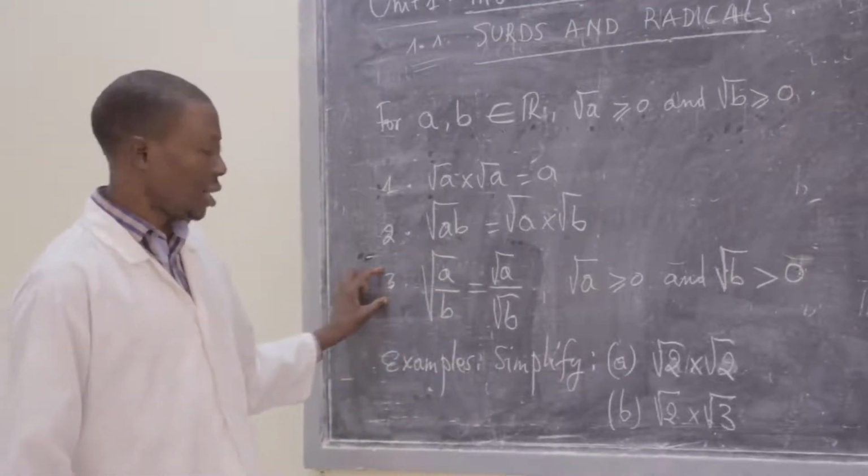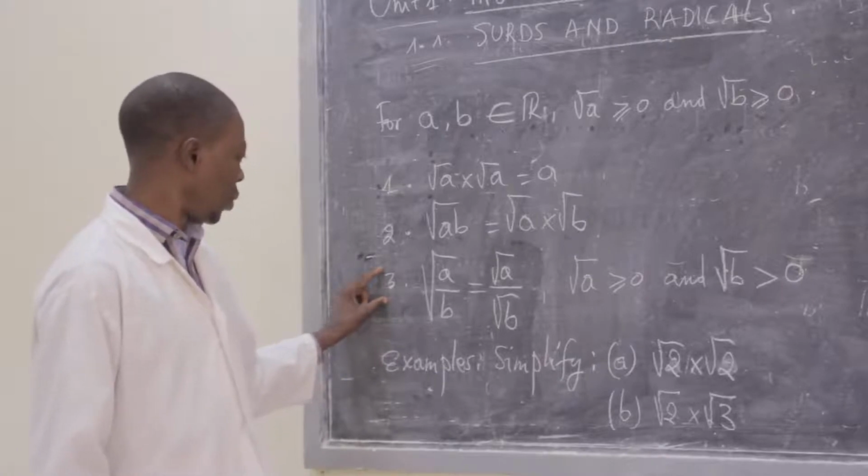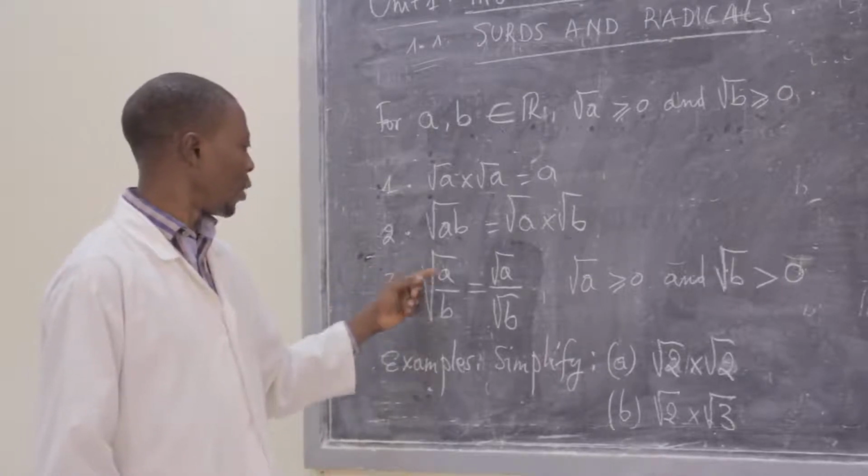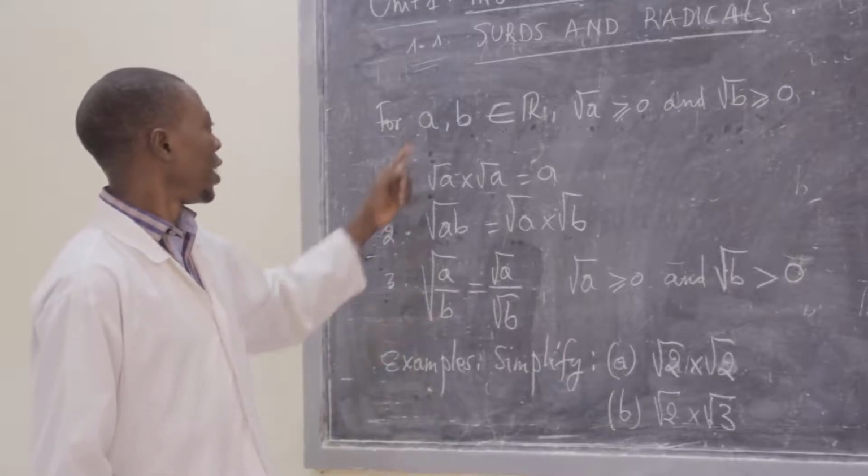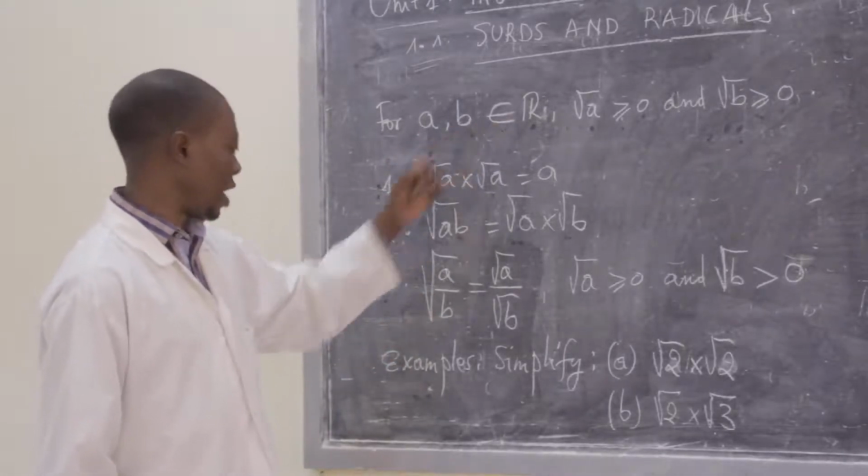Property 3 is also simple. It is the square root of a fraction of A and B, with those real numbers you have.